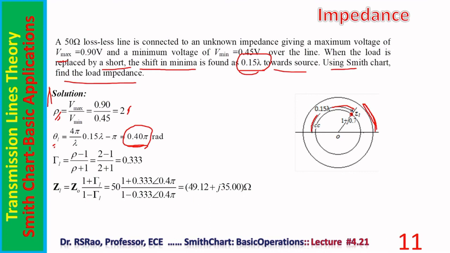Once ZL is located, from its coordinates ZL can be found. That is one way. Another way is from gamma L, theta L, ZL also can be found. So this is the analytical means. Graphical means: locate ZL, simply read out the coordinates of the point and multiply it with 50 ohms.